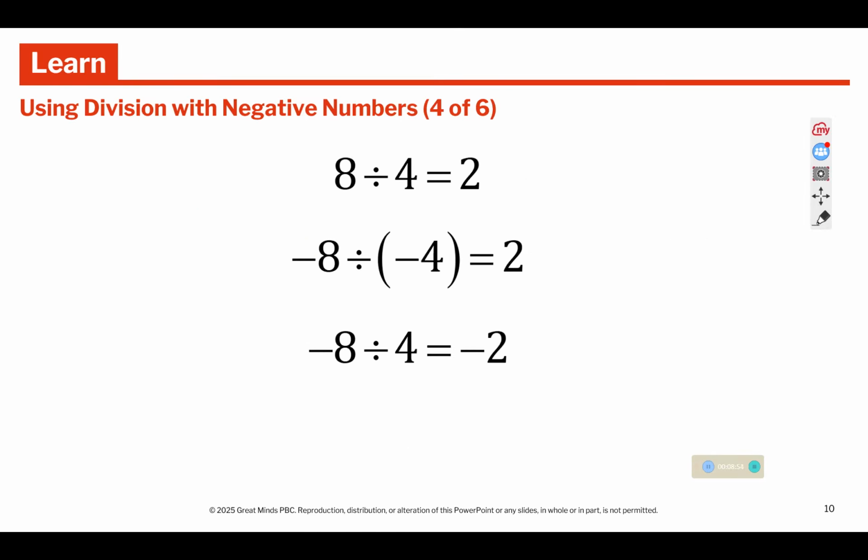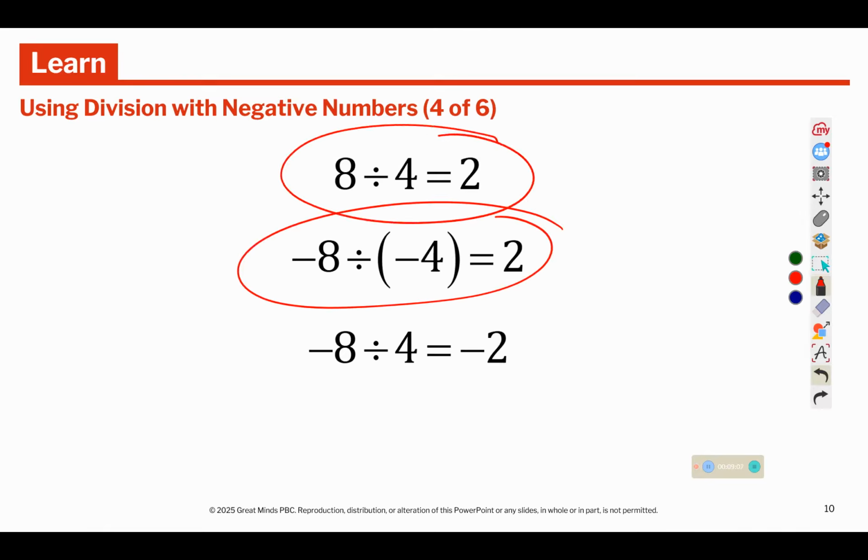Here we see 8 divided by 4 is 2. A negative 8 divided by a negative 4 is 2. But a negative 8 divided by 4 is negative 2. So our hypothesis may have something to do with when they result in a positive versus when they result in a negative answer.